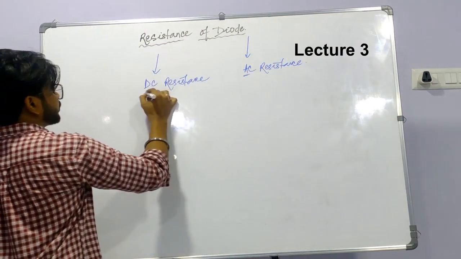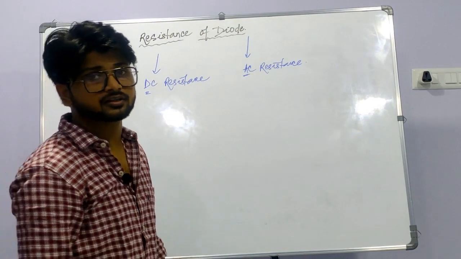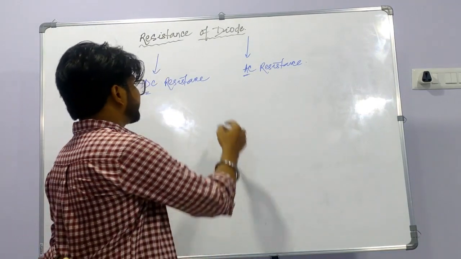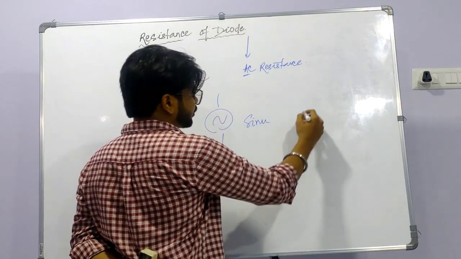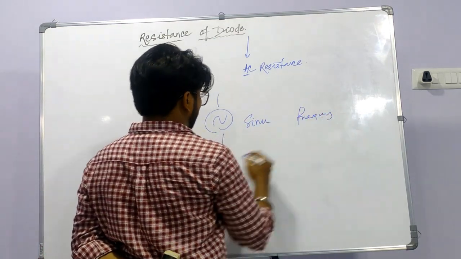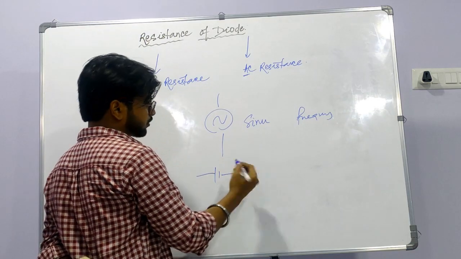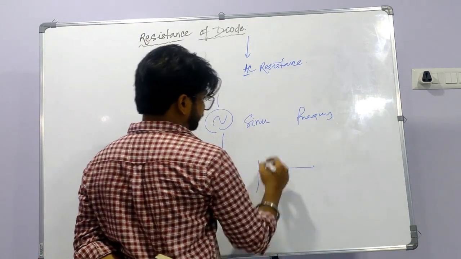As you know, the main difference between the DC and the AC voltage is that the AC voltage is sinusoidal in nature with a frequency, and the DC voltage is linear in nature.